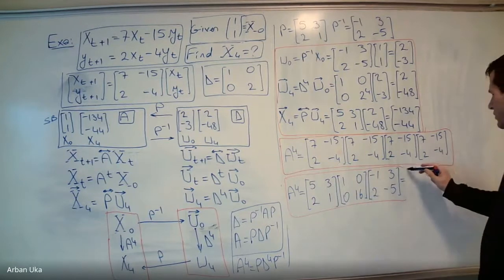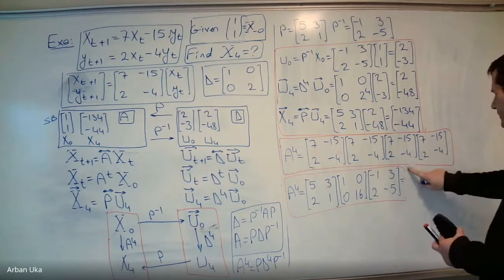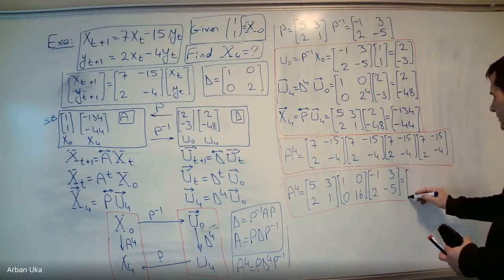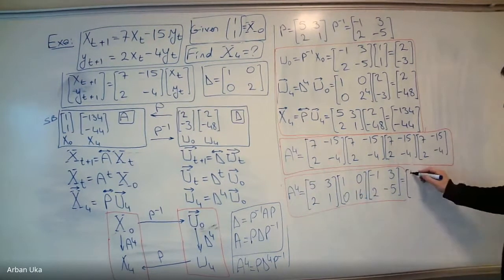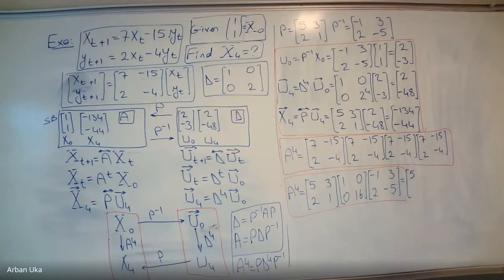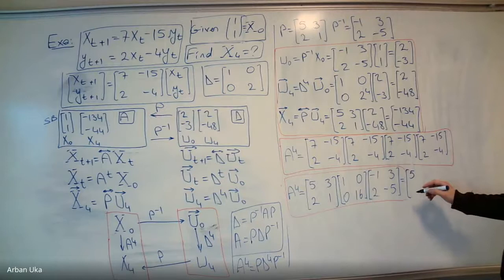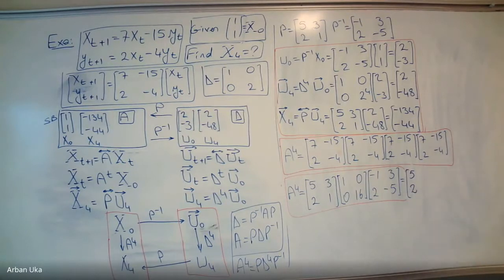This is equal to 5. We can have here 5, and then we get 4, 2, 16.